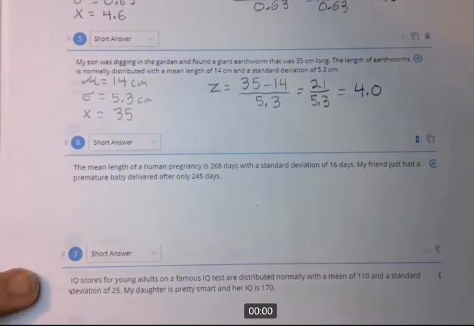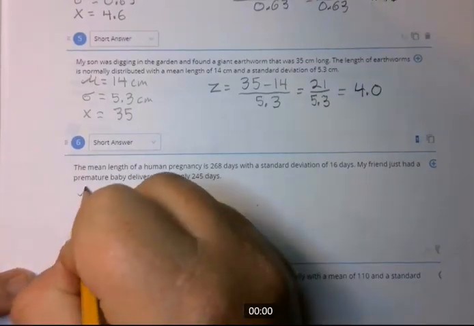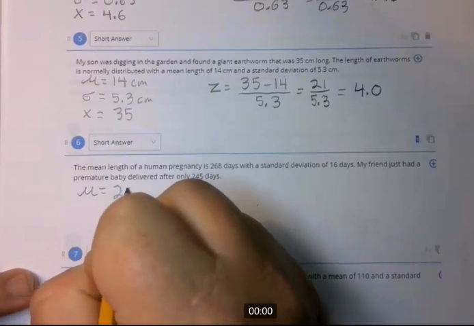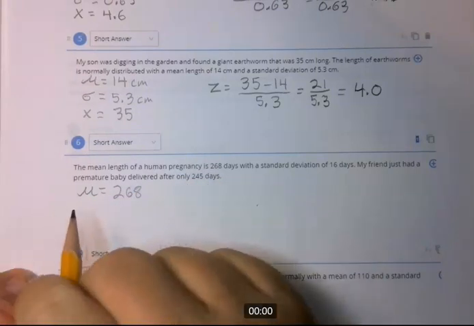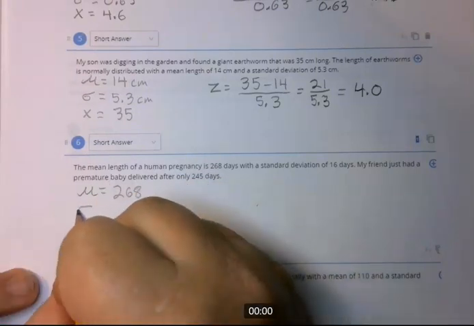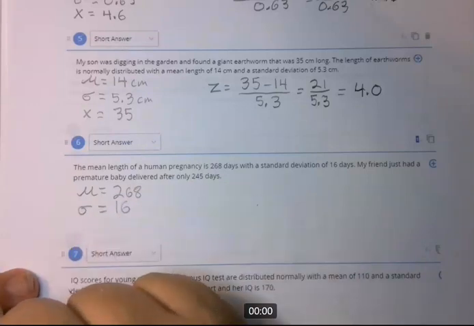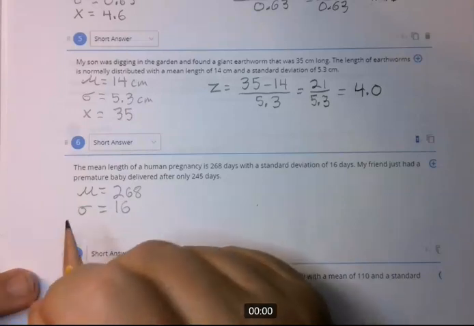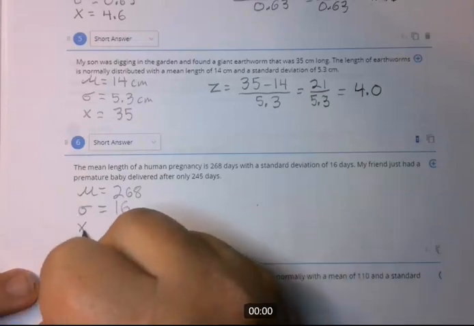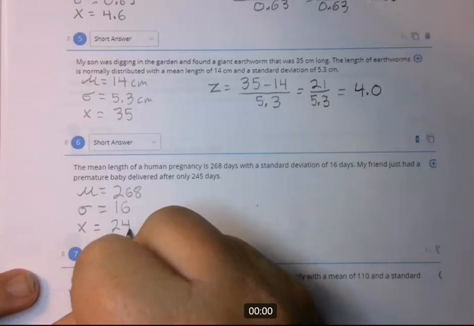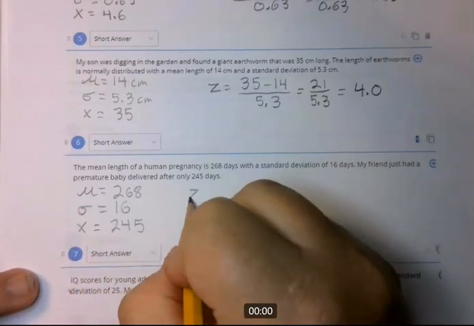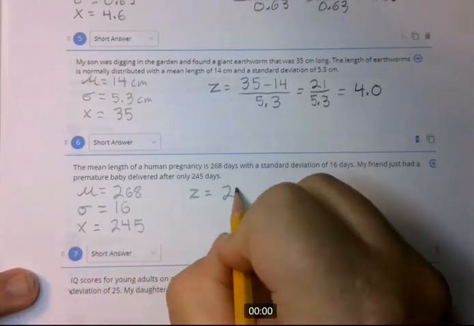And it says the mean length of a human pregnancy is 268 days with a standard deviation of 16. And let's see, somebody just had a premature delivery at 245. And you'll notice this gets pretty repetitive.